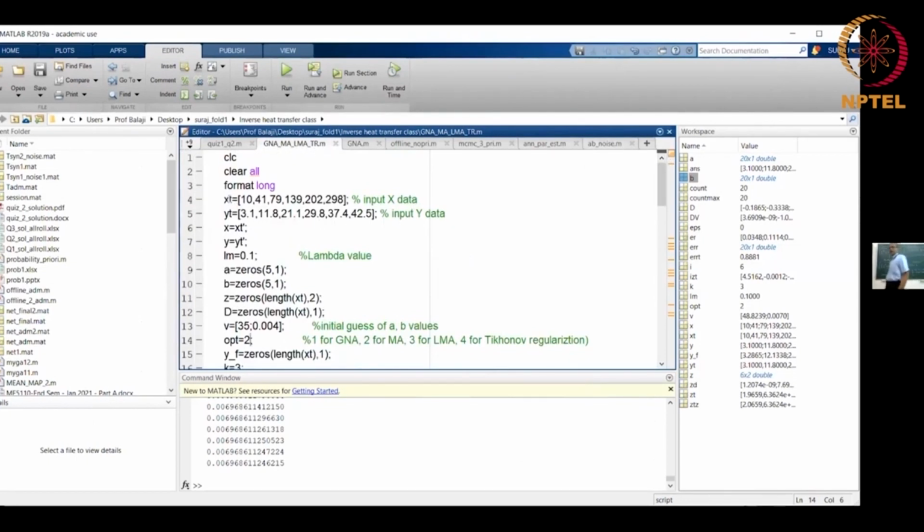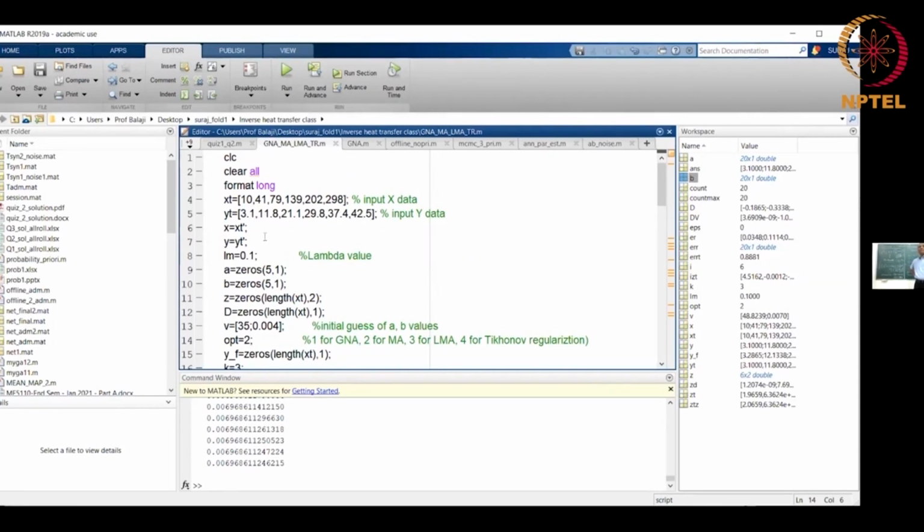Here, time is 10, 41, 79, like this one already discussed. And the experimental temperature is 3.1, 11.8, like this one.